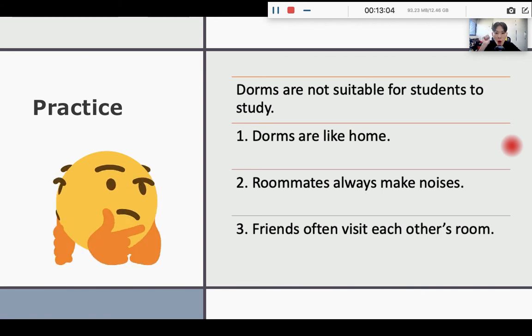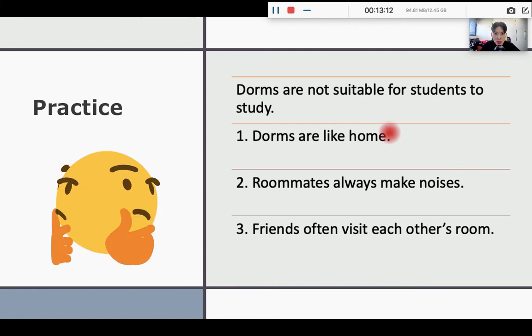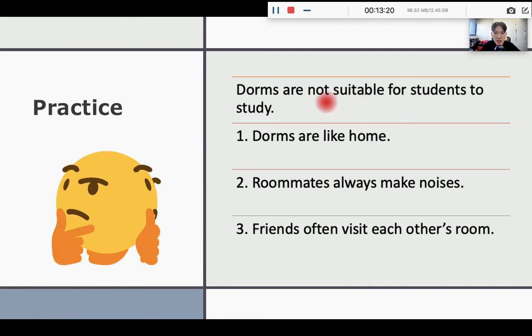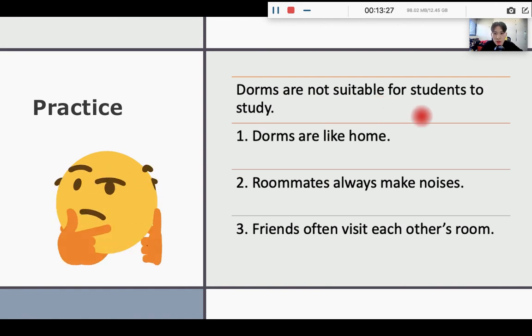Which one of them is not a proper supporting sentence? Okay, to answer this question, we need to go back to the topic sentence, right? The topic in this topic sentence is dorms, and the focus is not suitable, which means we need negative examples, okay, about living in a dorm.